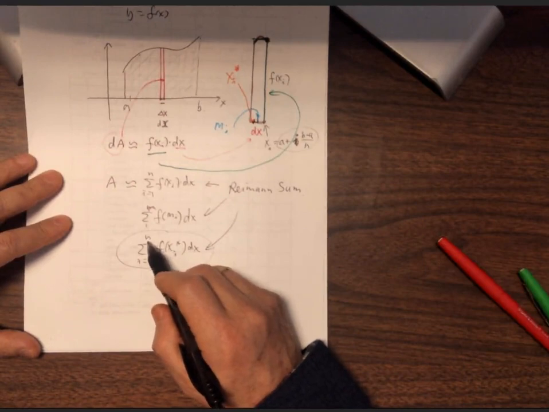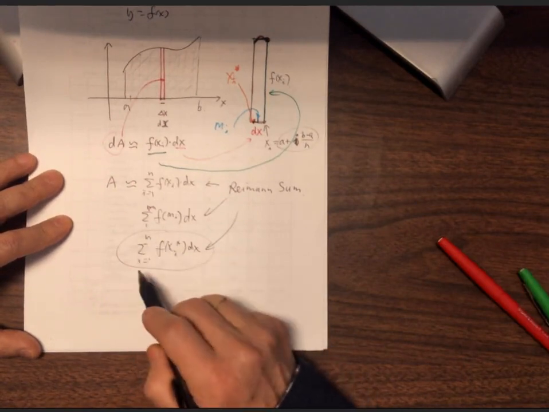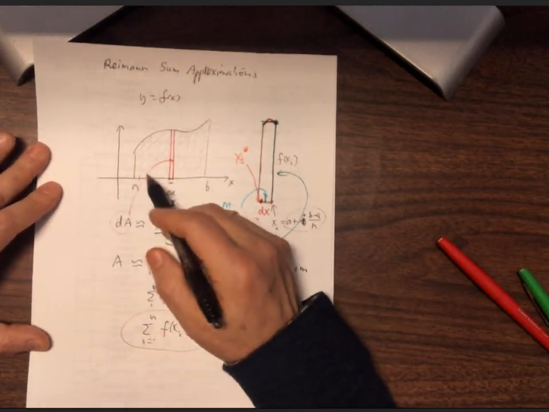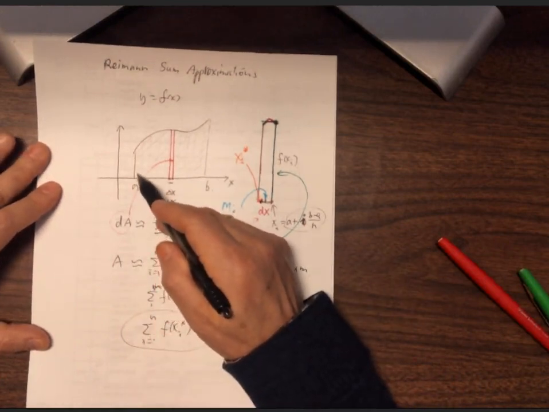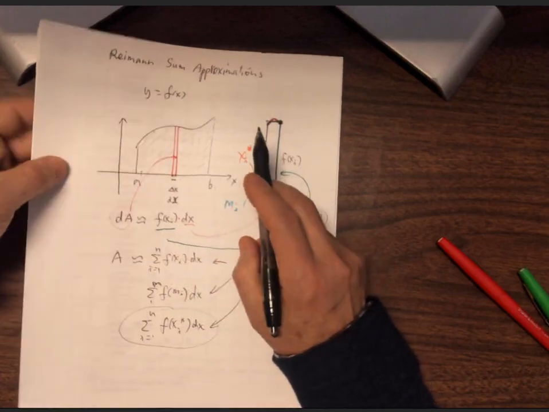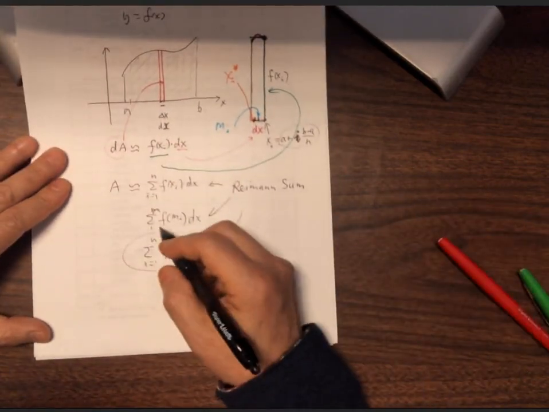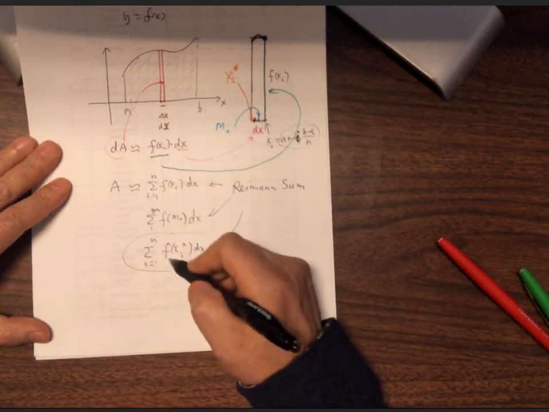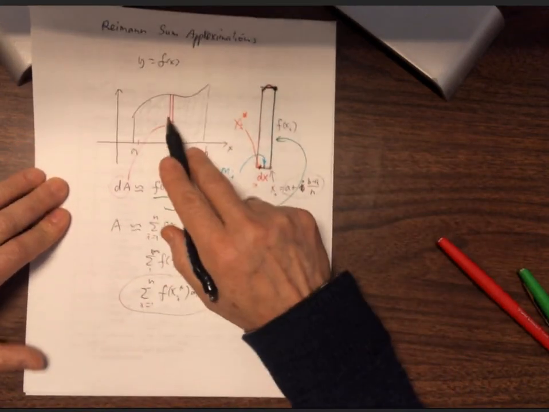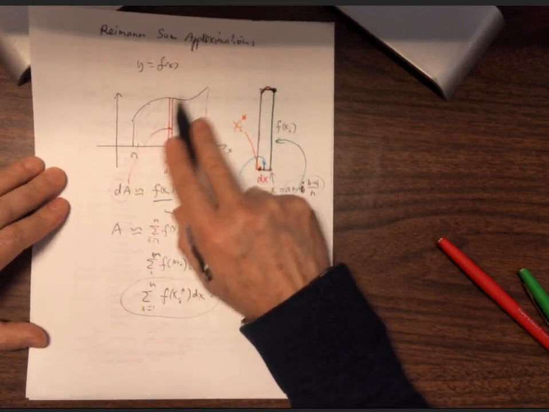Now mathematically what it means is we would send n to infinity. So practically it's like saying we're slicing this interval into infinitely many parts. Then there's no difference at all. They will all represent the actual area of the region.